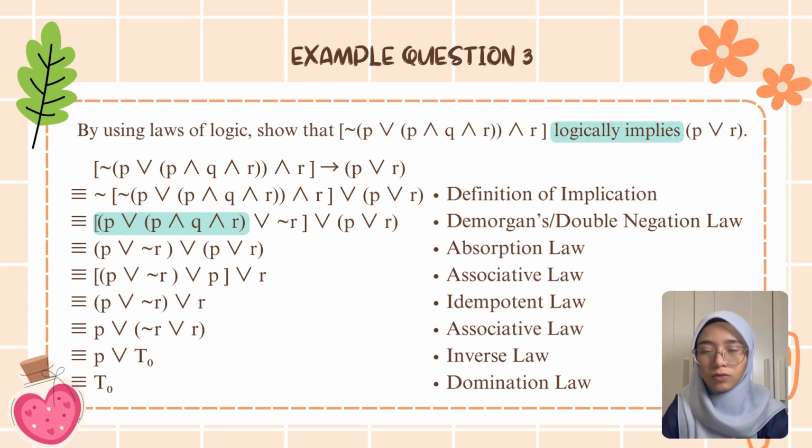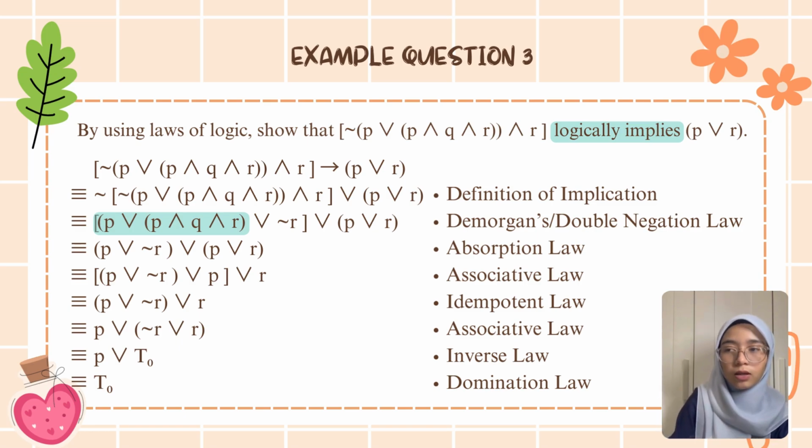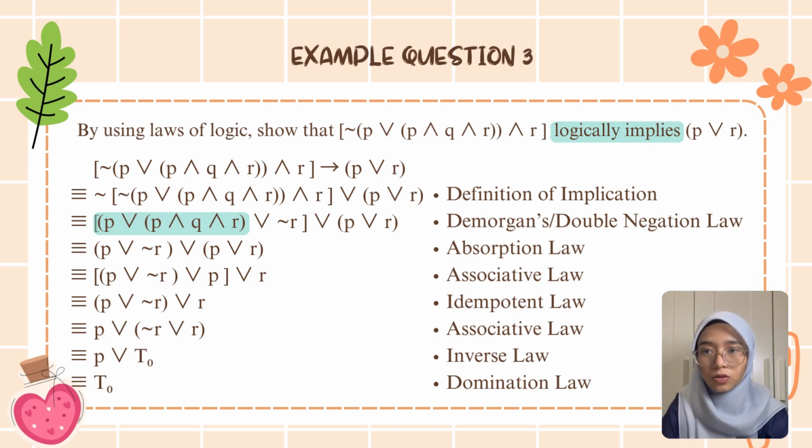Since I can see there are two same statements, P, and the symbols are different, I can apply the absorption law. So it becomes P or negation R or P or R. Next, I will use the associative law. So I associate the parentheses.